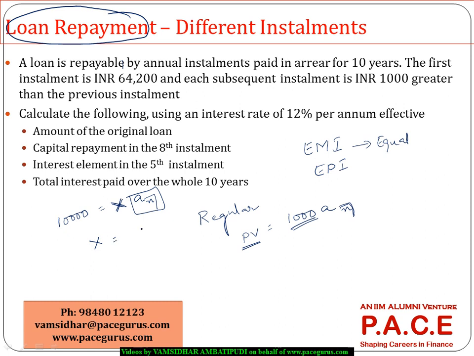So from here I will directly get what should be my equated installment amount. This a_n can be obtained from the corresponding actuarial table, and this 10,000 is the total loan amount.